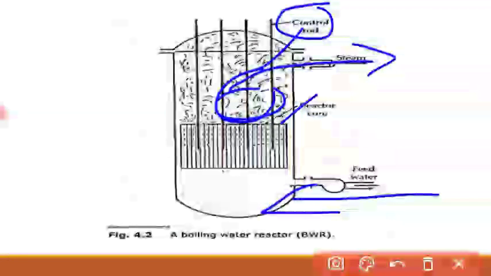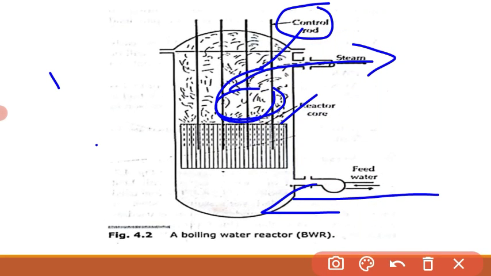One more point I have mentioned here: the water is used as both moderator and coolant. It slows down the process as well as carries the heat. This is the boiling water reactor.